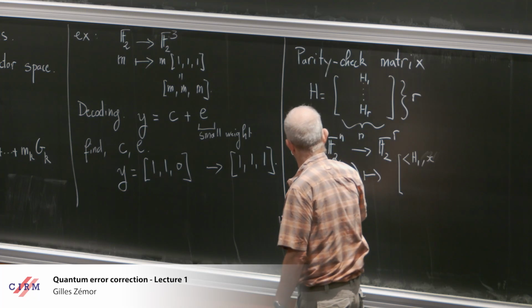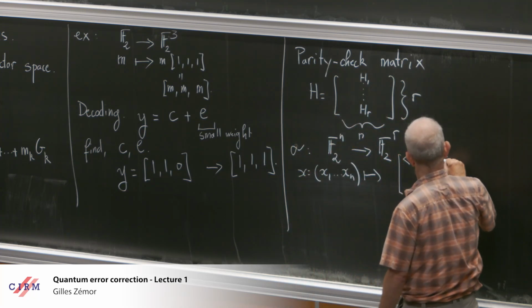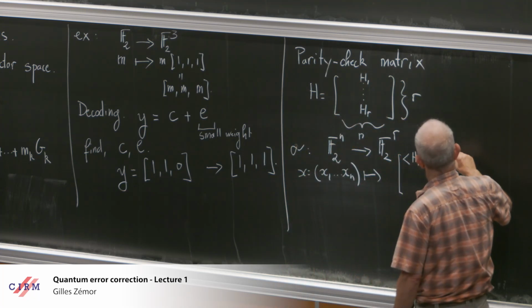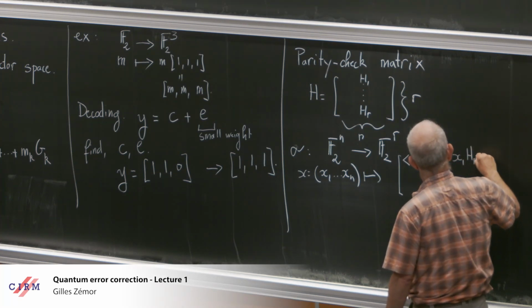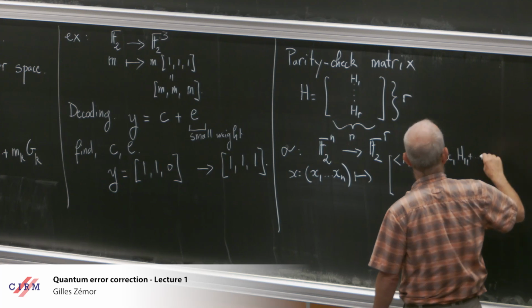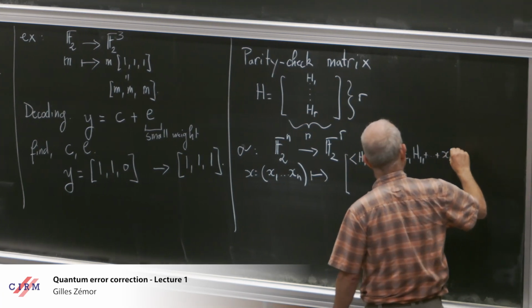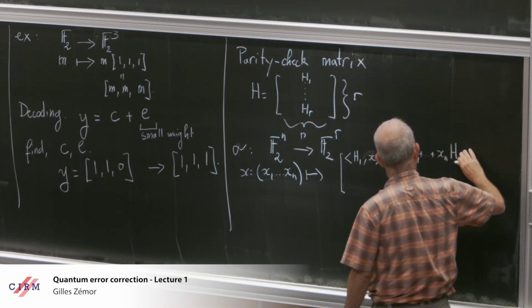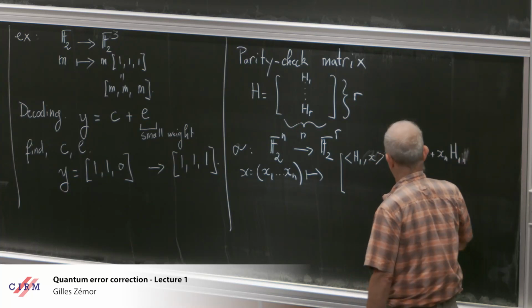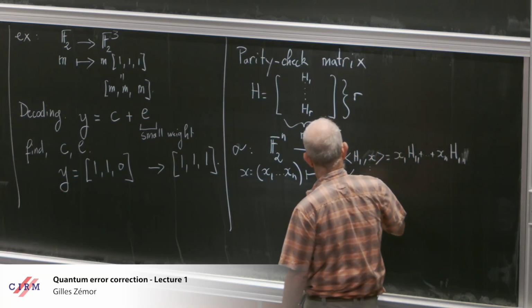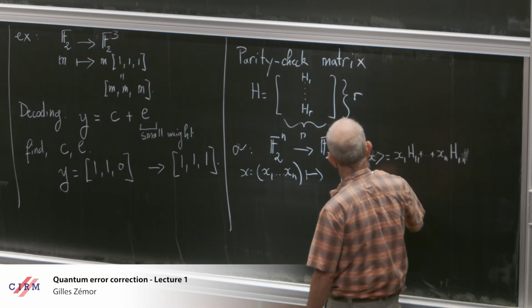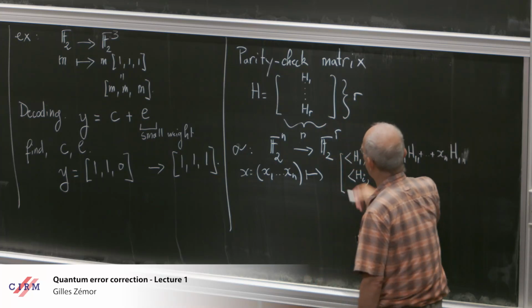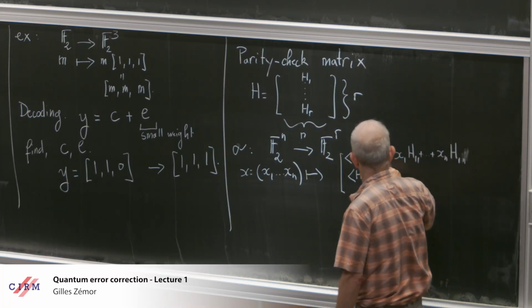X is the vector. So if you prefer, explicitly, this is x1 multiplied by h11 all the way to xn multiplied by h1n. And similarly, for the other coordinates, the ith coordinate of the syndrome is the inner product between x and row Hi of H.